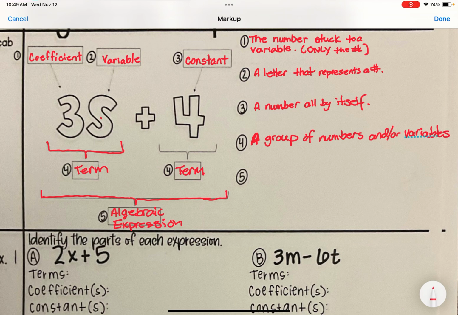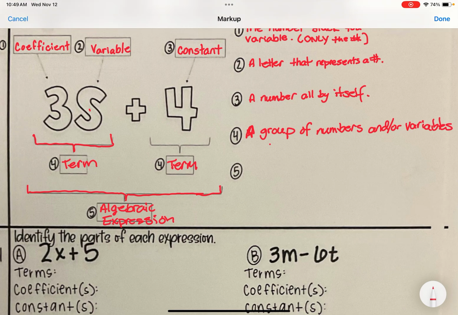A group of numbers and or variables that are separated by a plus sign. Okay, so in this expression, they're separated by a plus sign.